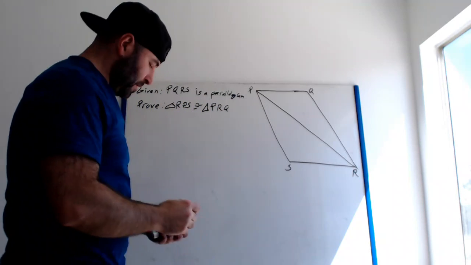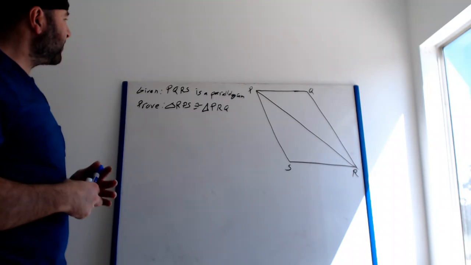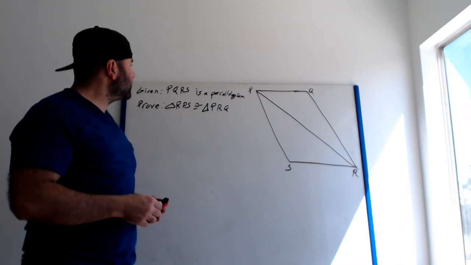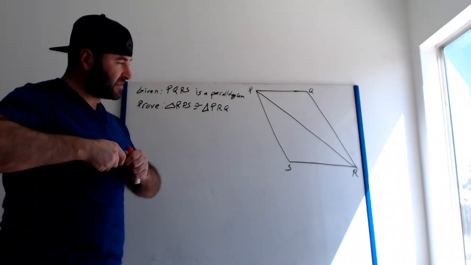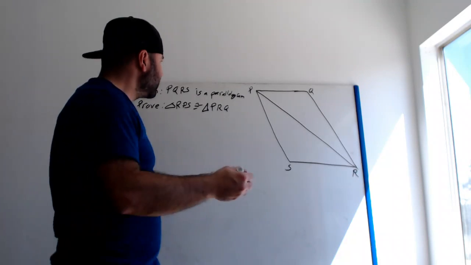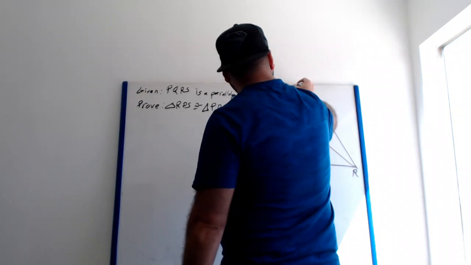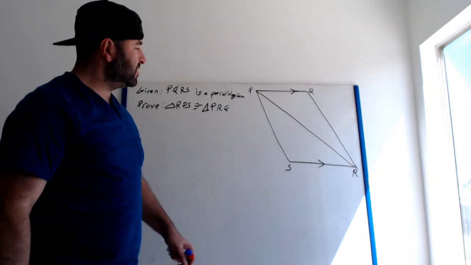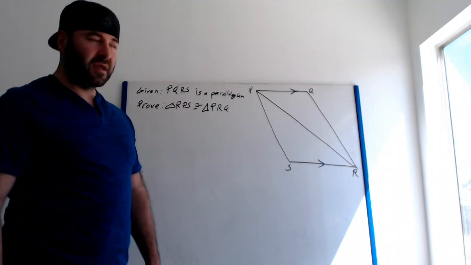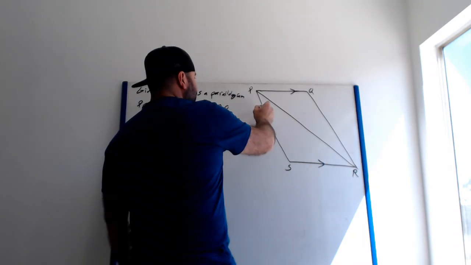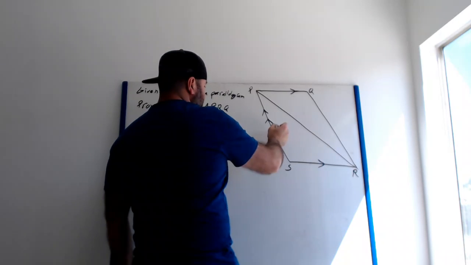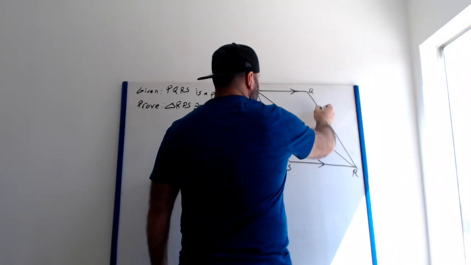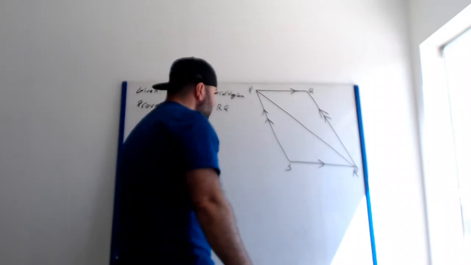Okay. So let's start off first with the fact that this is a parallelogram. So because this is a parallelogram, that tells me that these two sides are going to be parallel to each other. PQ is going to be parallel to RS. And it also tells me that PS is going to be parallel to QR.